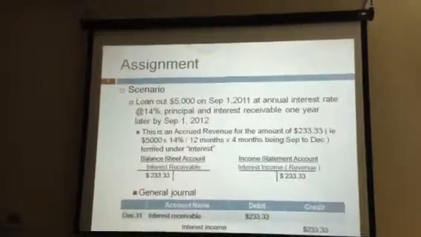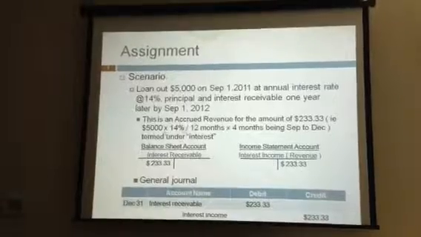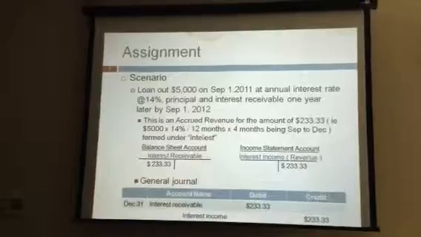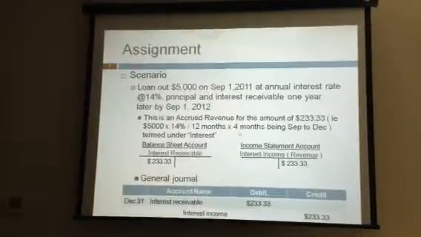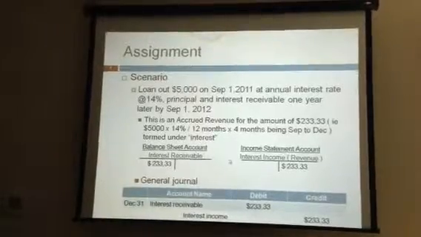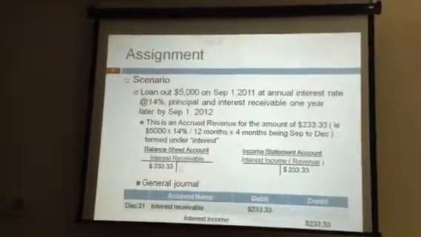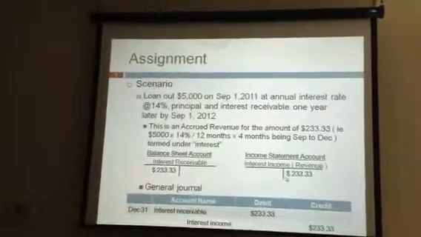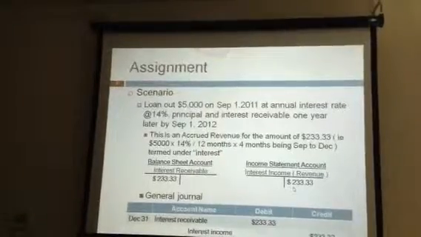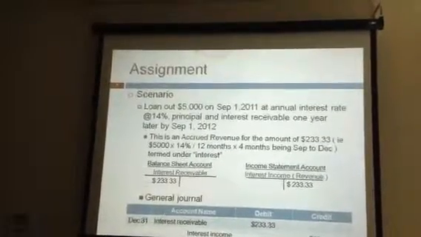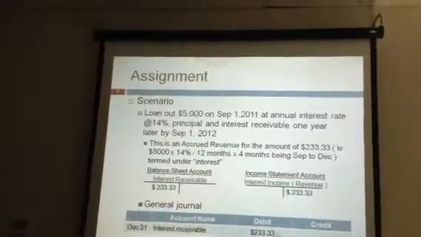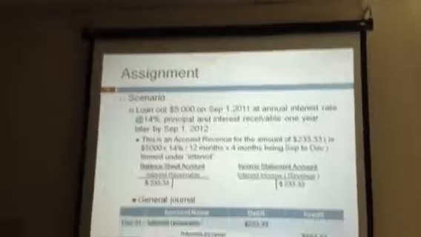This was derived from the principal $5,000 multiplied by the annual interest rate of 14% and prorated for 4 months from September to December to arrive at $233.33. So this is a debit in interest receivable, and a credit for revenue, interest income. In the general journal, we represent it in this manner: December 31st, interest receivable debit, interest income credit, and this is how it's recorded.